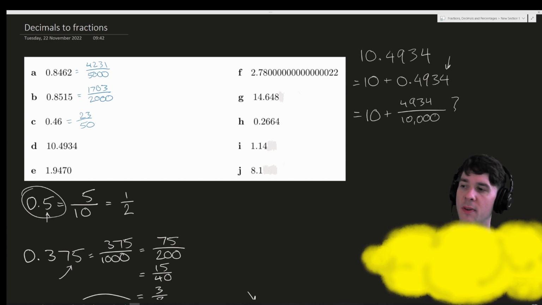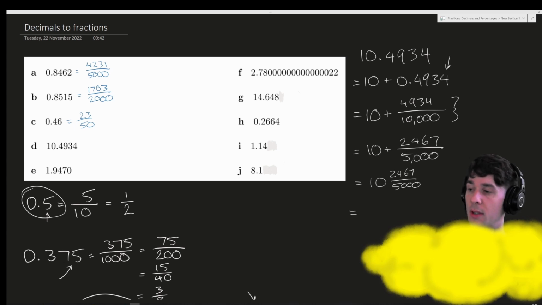All right, let's continue. I can simplify this by dividing top and bottom by 2. So we will have 10 plus, and our denominator here will be 5,000. Our numerator is going to be 2467. And so our final answer will be 10 and 2,467 5,000ths.